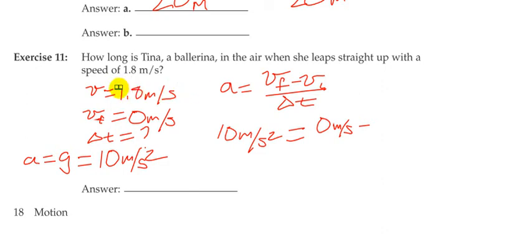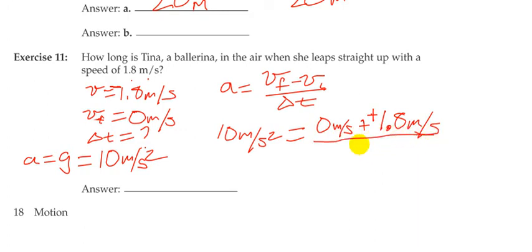If the acceleration is positive 10 meters per second squared in the downward direction, then going up would be negative. So this is negative 1.8 meters per second. And if you subtract a negative number, it's like adding a positive.